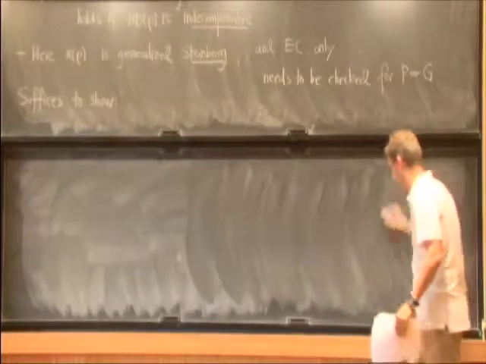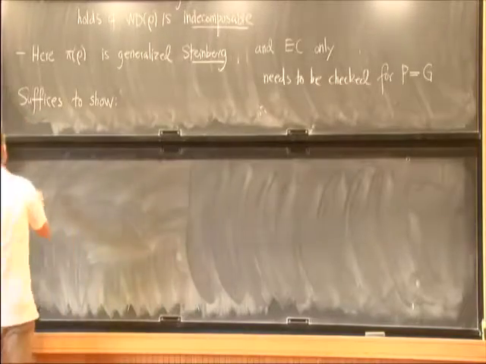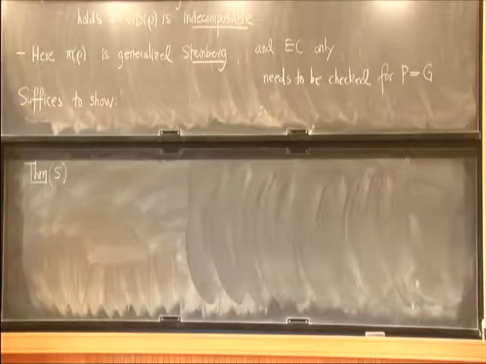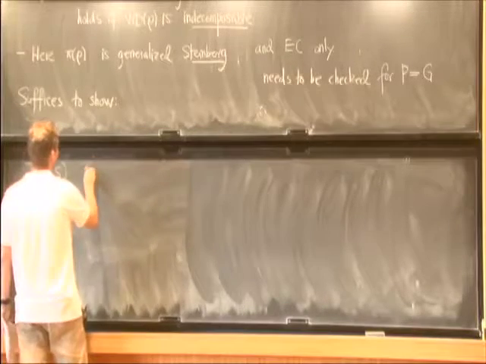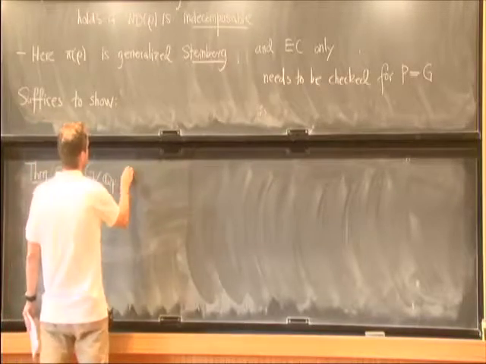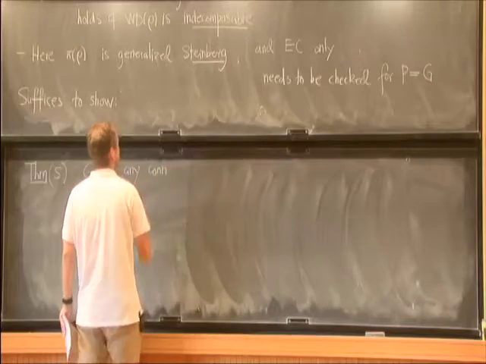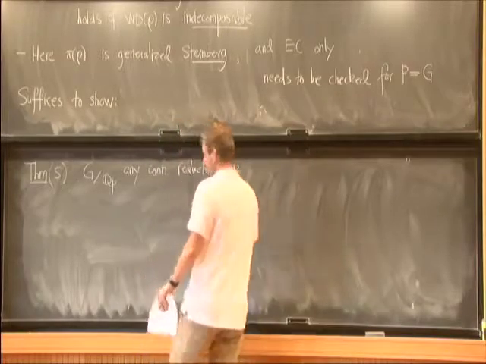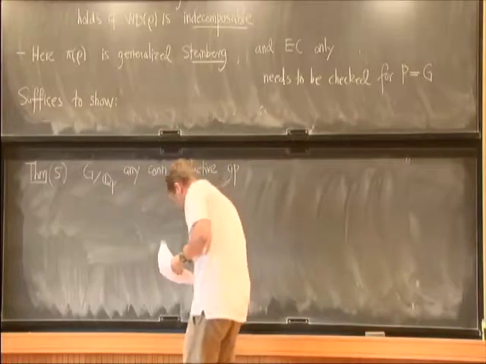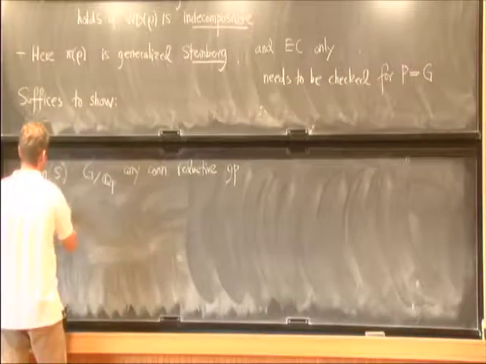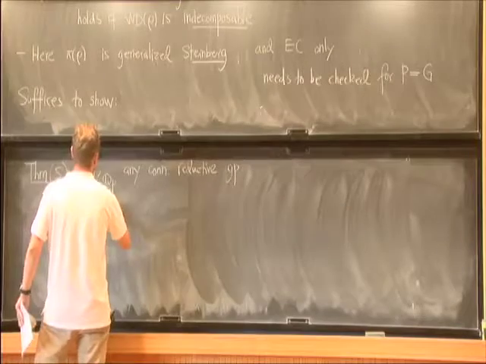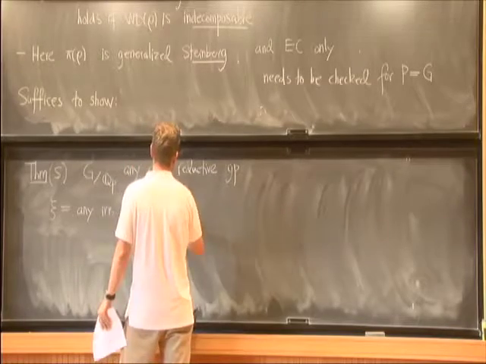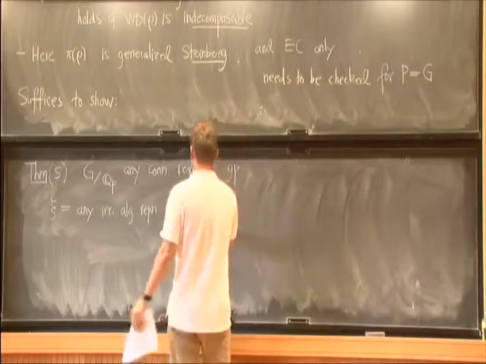So it suffices to show that if you take any connected reductive group over Q_p, and you take any algebraic representation, so take psi to be any irreducible algebraic representation of G, let's say, over Q_p bar.